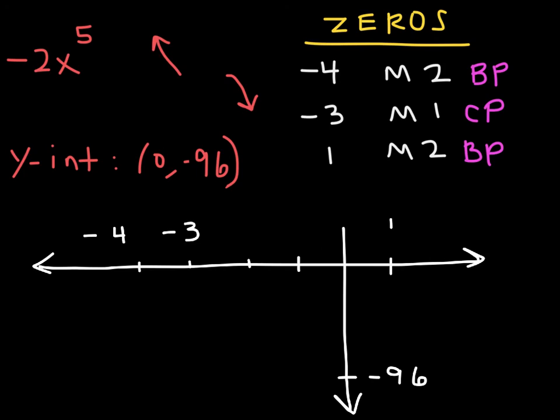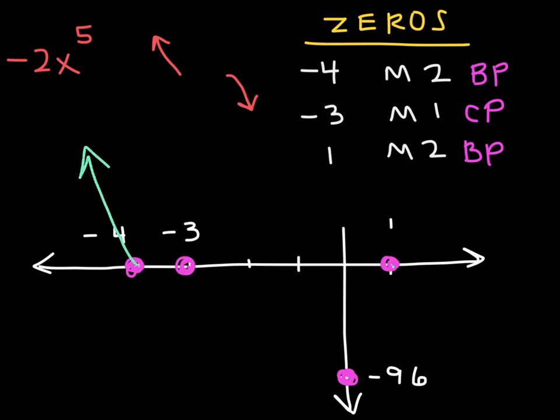All right, so my zeros are negative 4, negative 3, and positive 1. Remember, the zeros of a polynomial function are the x-intercepts of its graph. Also the y-intercept of negative 96. Now let us not forget the end behavior of the graph: up forever on the left and down forever on the right.